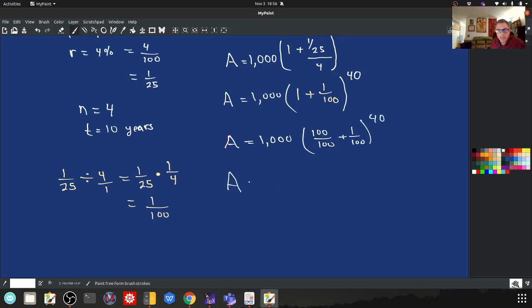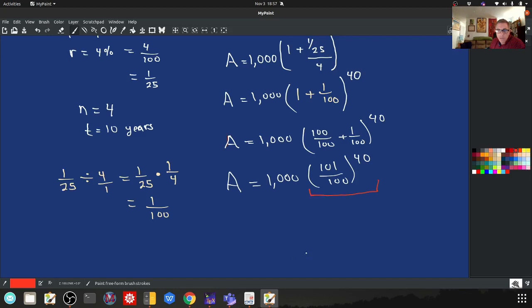So now A is equal to 1,000 times 101 divided by 100, raised to the 40th power. PEMDAS says we're going to get out our calculator to do the rest. But I want to note that my base is greater than 1, so this is an exponentially increasing function.